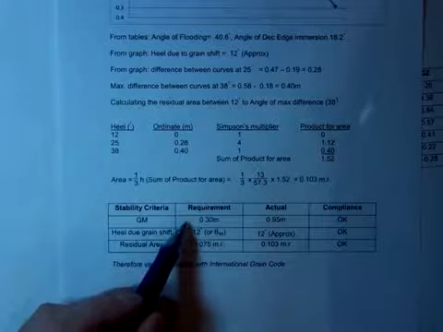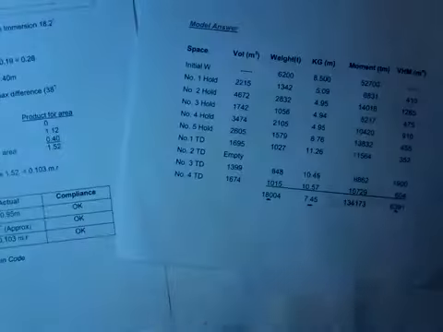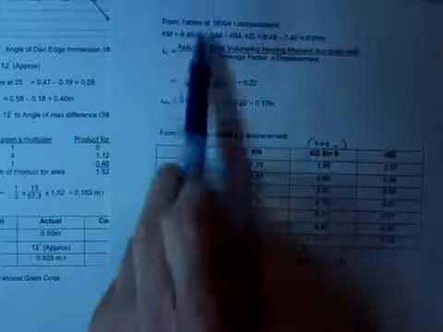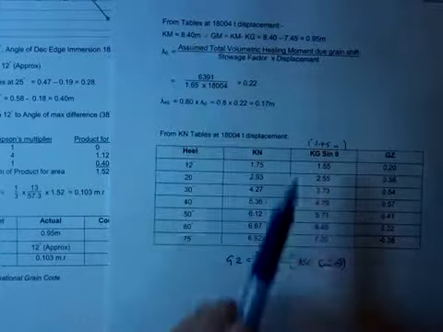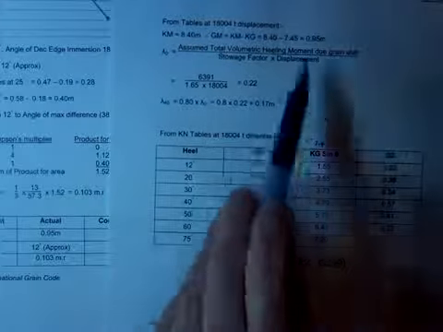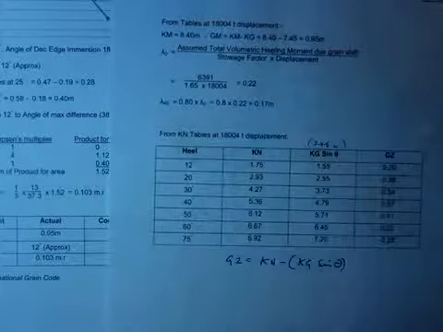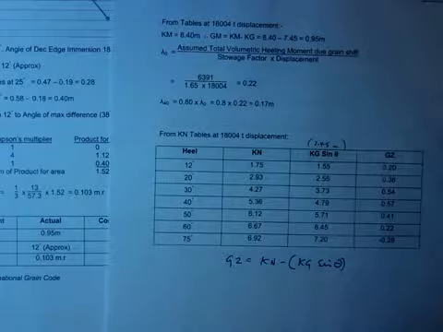Heel due to grain shift. The GM, we can soon work out because we know our final KG. We can go into the tables with our displacement to get the KM. So we went into the tables with our displacement, got a KM of 8.4, subtracted from our final KG of 7.45, and we can find that our final GM is 0.95, so that complies as well.